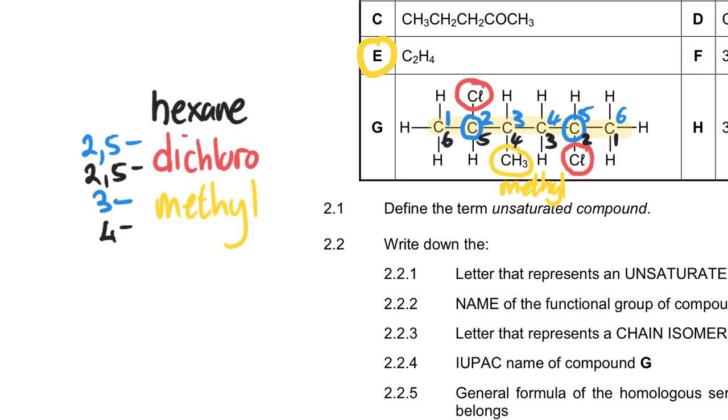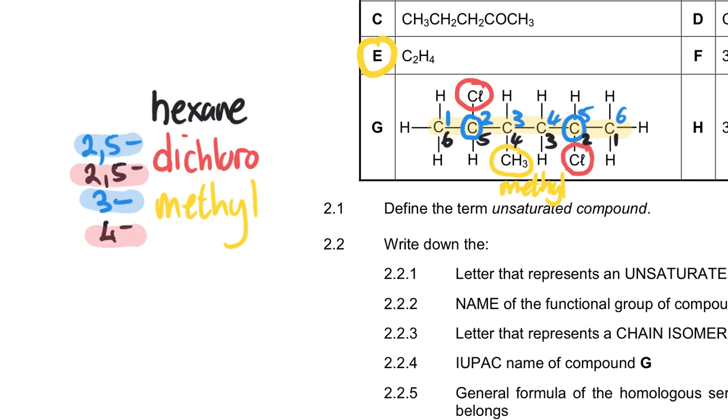Now, we need to look at the set of numbers which are the descriptors of the positioning of the substituents, where the chlorines and the methyl group are. So this set consists of 2, 5, and 3, as opposed to this set, which comprises 2, 5, and 4.